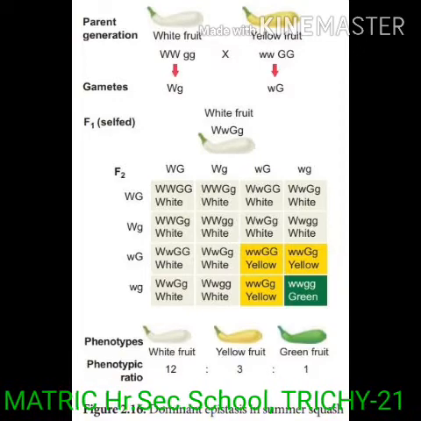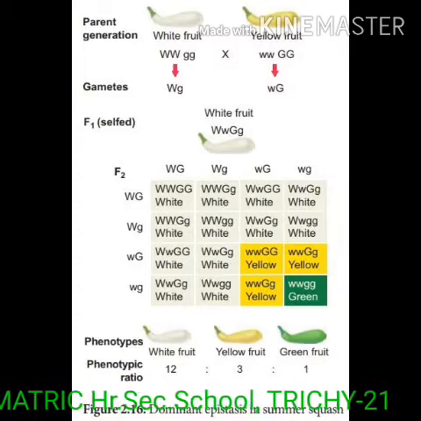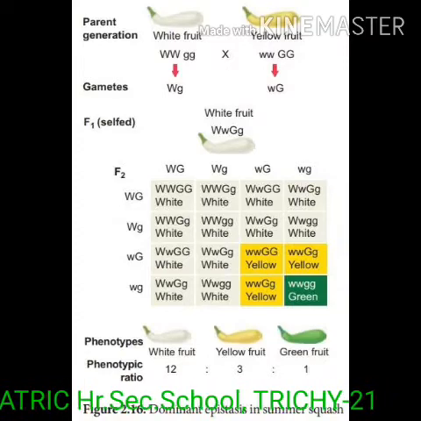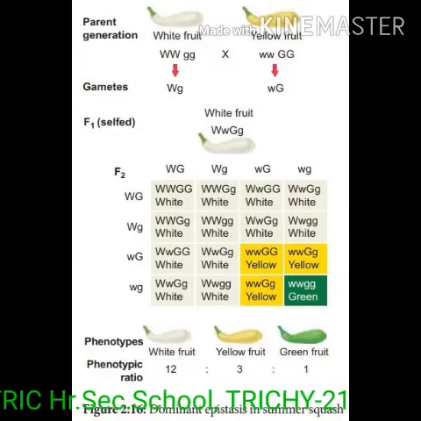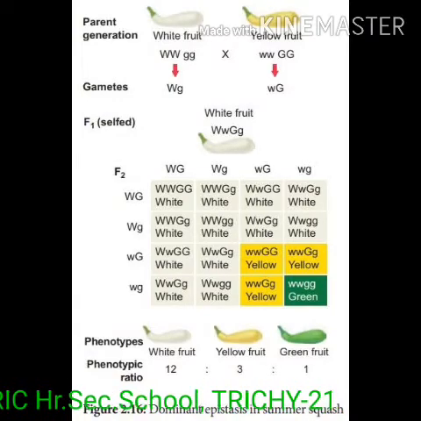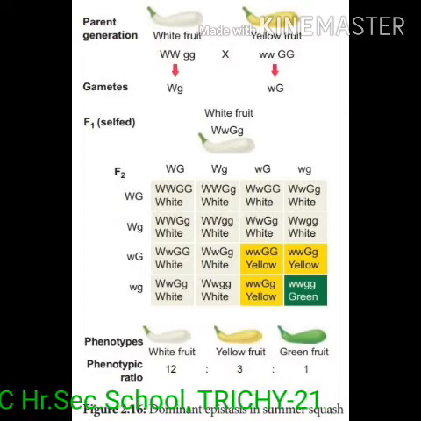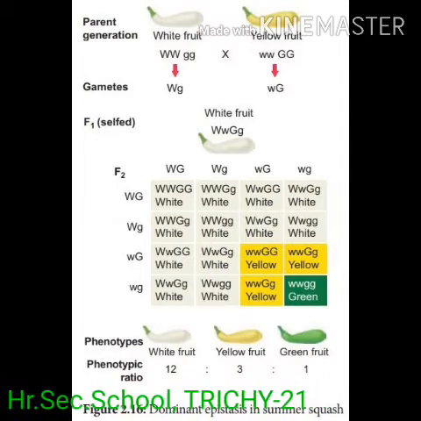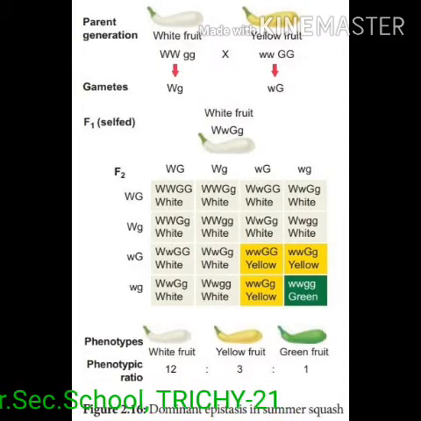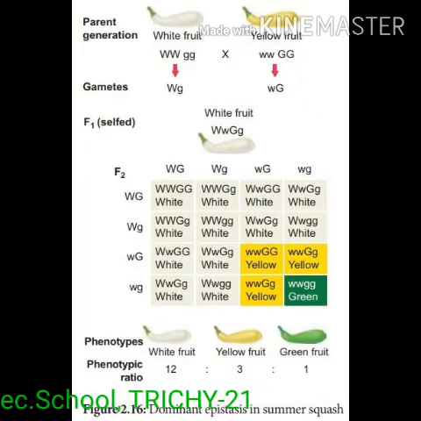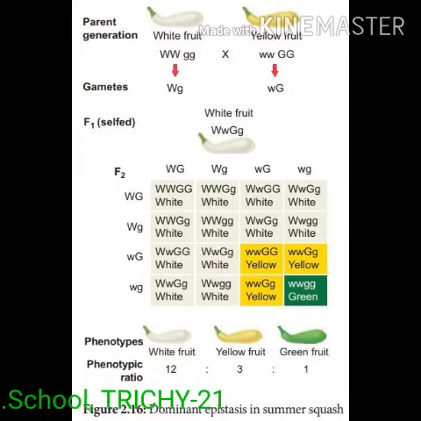When a white fruit with the genotype capital W, small g is crossed with a yellow fruit with the genotype small w, capital G, the F1 plants have white fruits and are heterozygous, capital W small w, capital G small g.